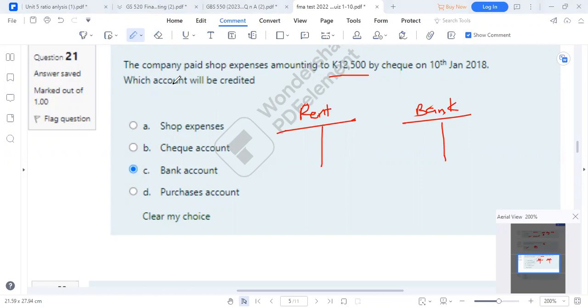So in this event, the company paid shop expenses of 12,500 by check. So which account is credited? So shop is an expense, and since we're using a check, there is the bank, 12,500. So we always debit expenses. Then the bank is paying out, 12,500. So which account is credited? The bank account is going to be credited. So here the answer is C.